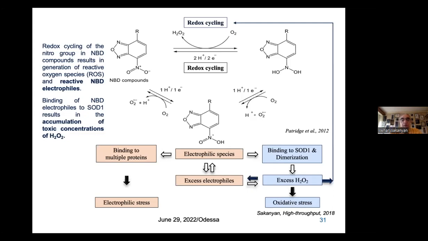This is the simultaneous formation of two different species: the well-known process of the formation of oxygen species, and the less known process, the formation of reactive electrophiles, or reactive electrophilic species, RES in abbreviation. So we now have an explanation of these processes which has not been described up to now.